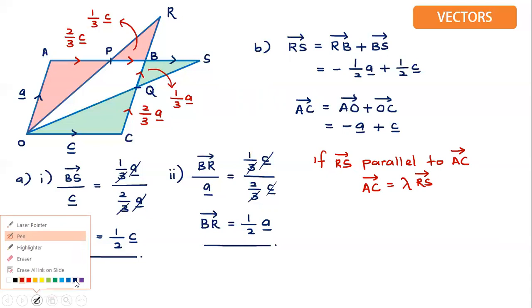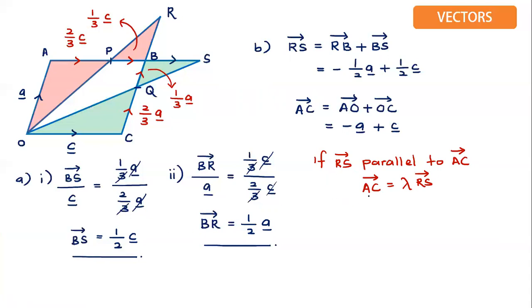So I'm going to use what we call a matrix form. I'm going to change the vector into a matrix form. So my AC here, I want to change into a matrix. The matrix should be like this, easy for us to understand. It's going to be negative 1, 1. And this one is negative 1 over 2 with 1 over 2.